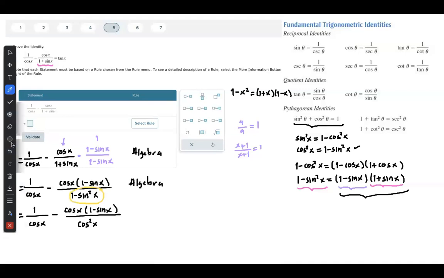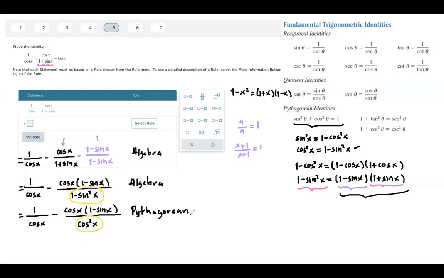That is because of the Pythagorean identity, the 1 minus sine squared of x just became cosine squared of x.